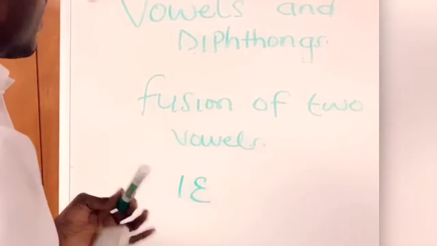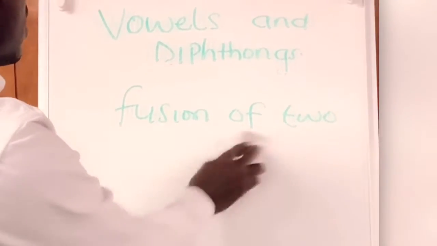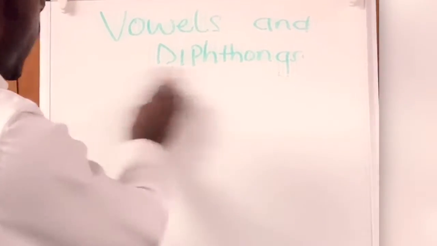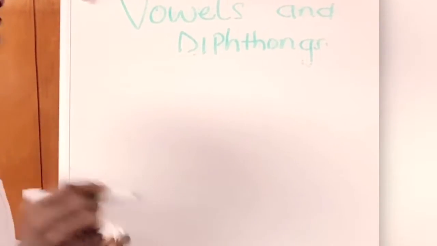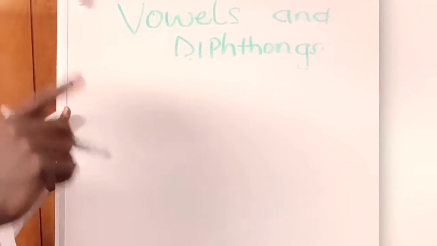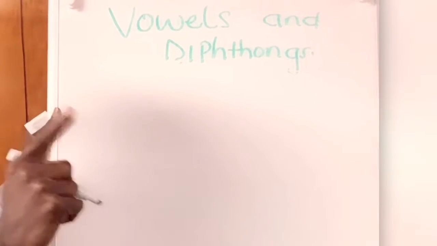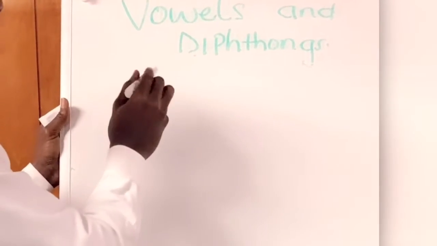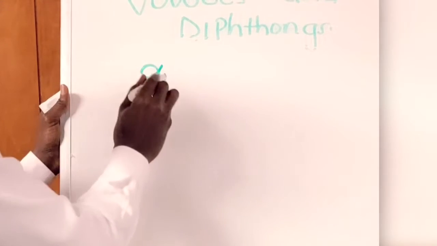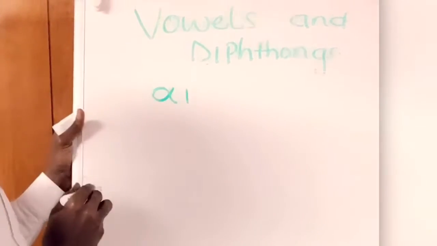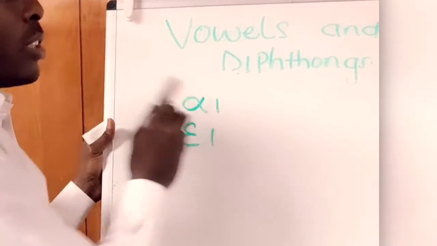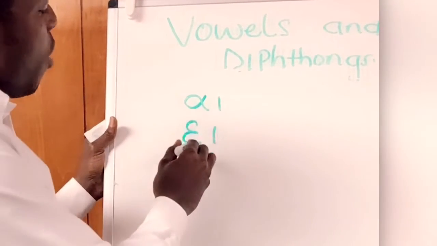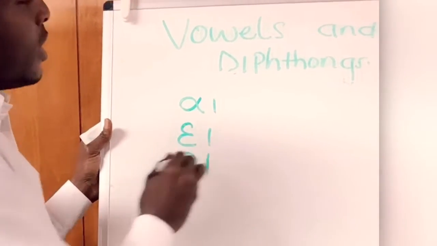So in Greek language, there are these diphthongs, as we will note them on the board. We have diphthongs that are formed by adding iota to other vowels. Example, alpha, iota. We have epsilon, iota. We have omicron, iota.